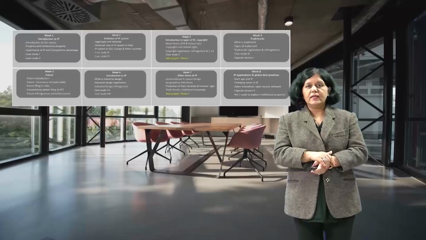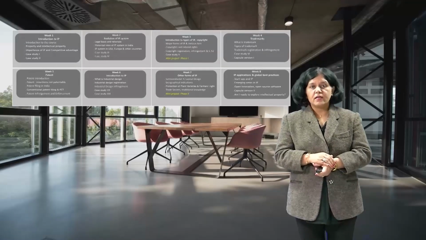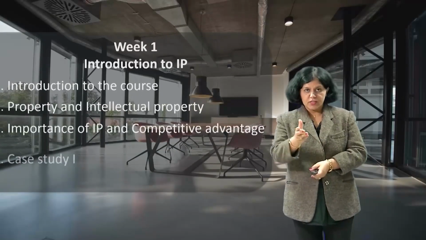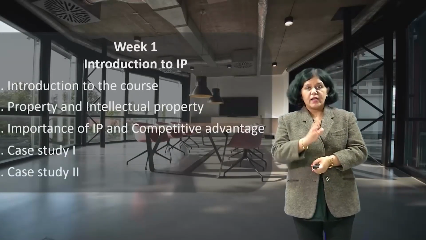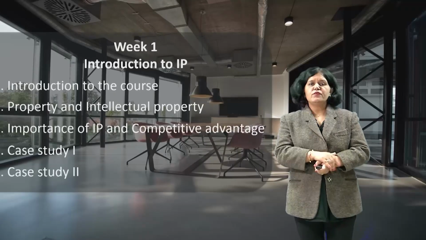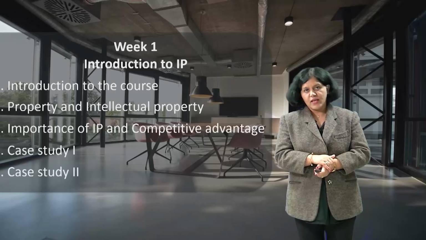So, quickly we will go through that particular course plan. There are a total of 8 weeks. Week 1 will cover the introduction, which we are doing just now, property and intellectual property. Next is the importance of IP and competitive intelligence, and then we will cover 2 case studies. Okay, this is week 1.